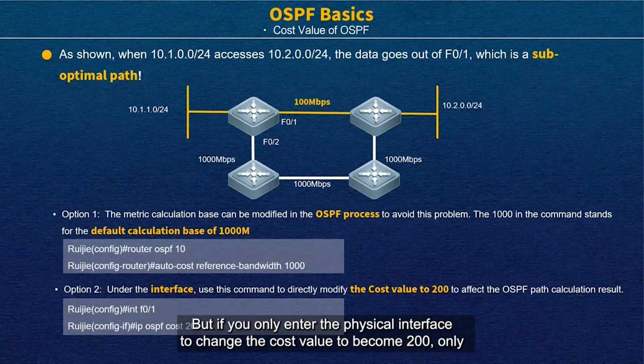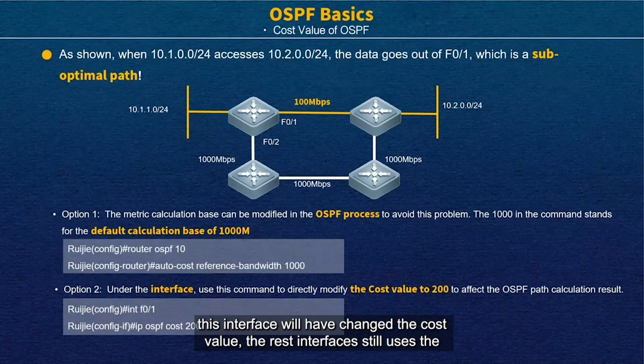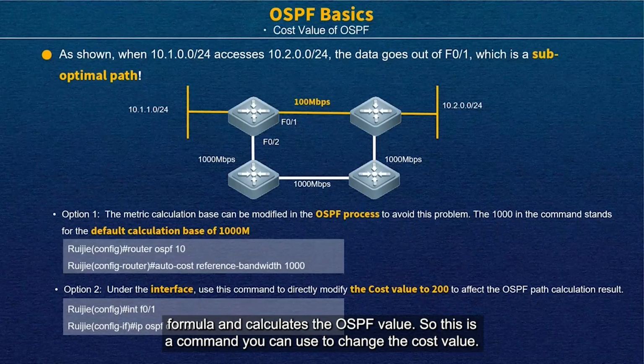But if you only enter the physical interface to change the cost value to become 200, only this interface will have the changed cost value. The rest of the interfaces still use the formula and calculate the OSPF value. So these are the commands you can use to change the cost value.